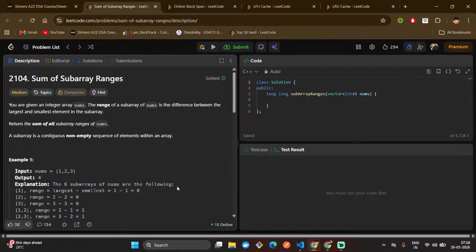Now let's take the previous greatest element. Previous element, there is nothing. There is nothing. Previous greatest element, there is nothing.